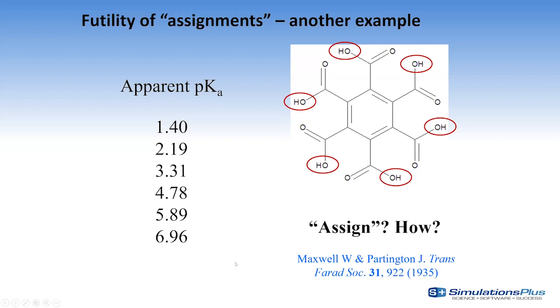Okay? There are over 100 ways of trying to assign each apparent pKa to individual functional groups. Which one is correct? That's the baggage of misconceptions you have to deal with if you still think that apparent pKa should be assigned.